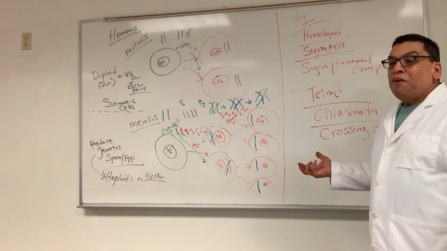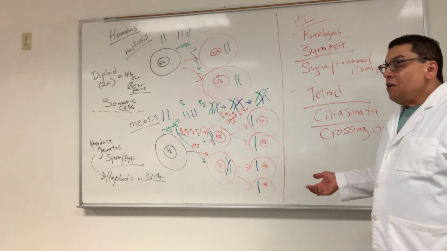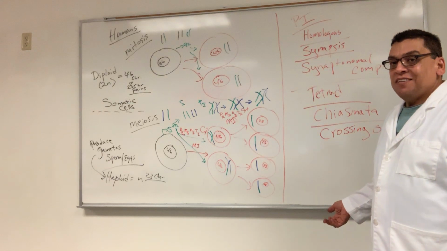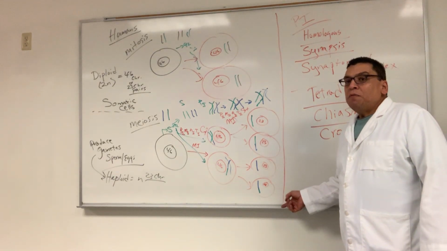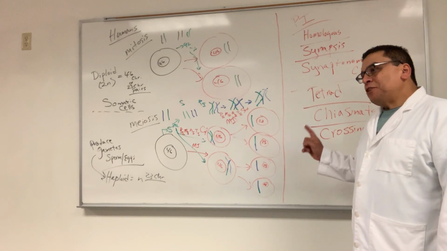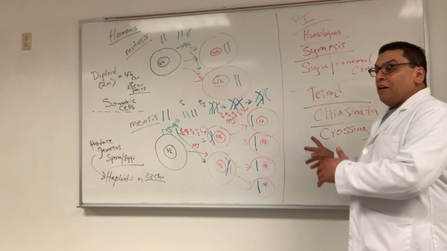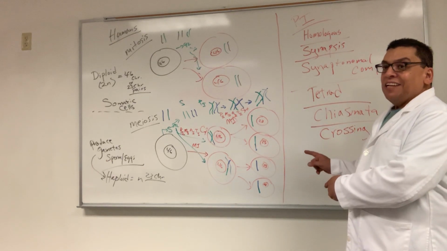So why is genetic variation important? Again, for our survival. So what do we do as humans? We try to clone people. Cloning is against nature. Nature wants genetic variation. Cloning goes against it.